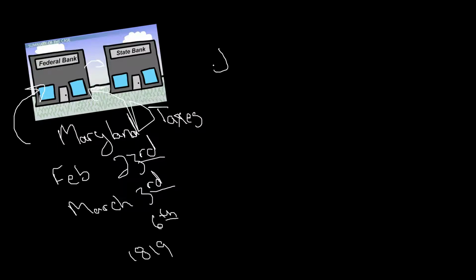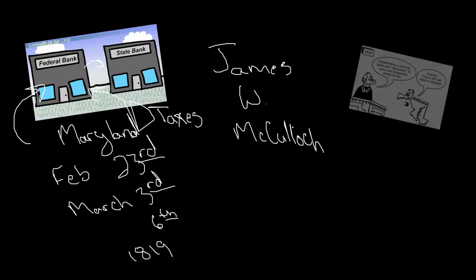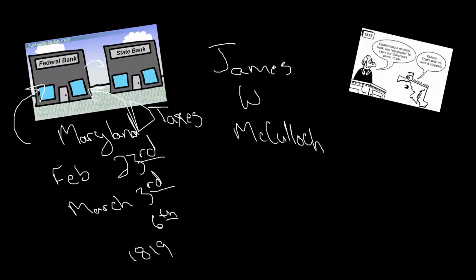But a man named James W. McCulloch, who was the head of the Baltimore branch of this bank, the National Bank, refused to pay these taxes, okay, because it was wrong, not good.